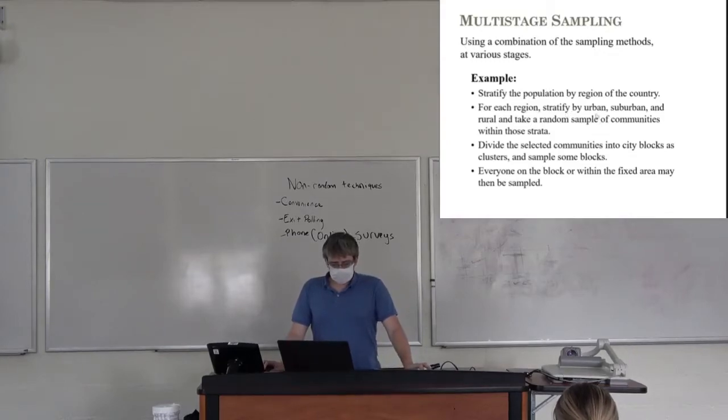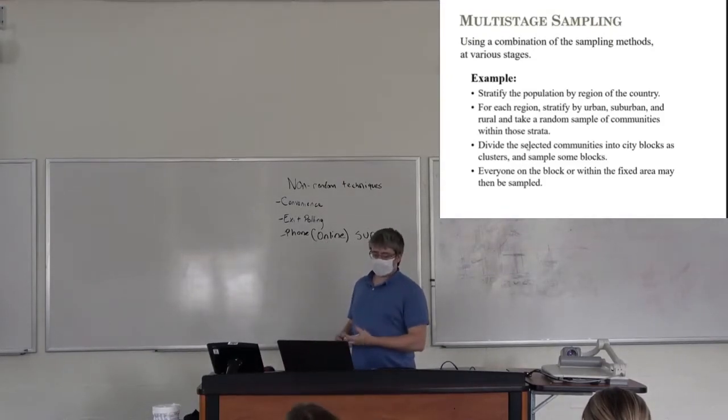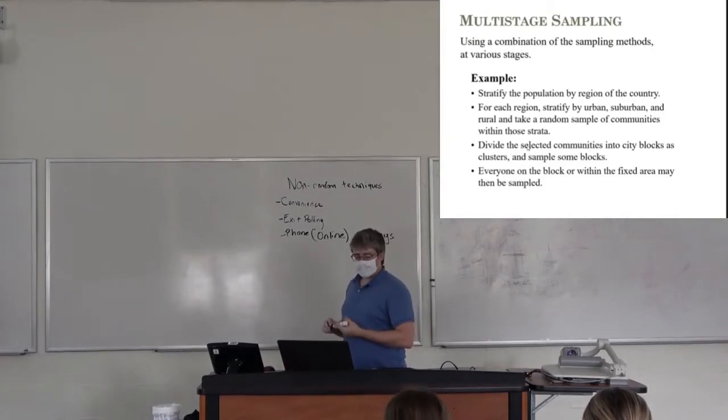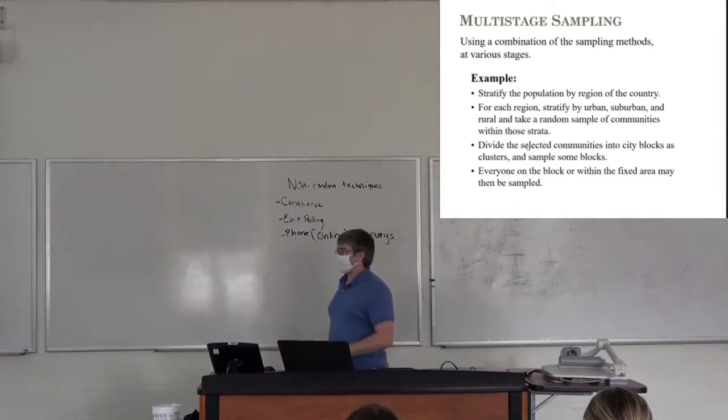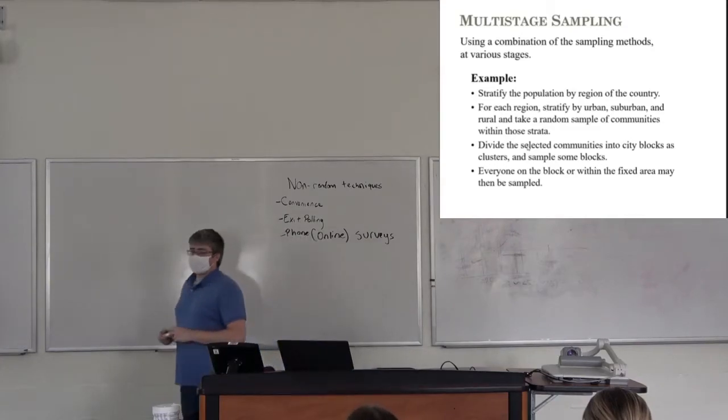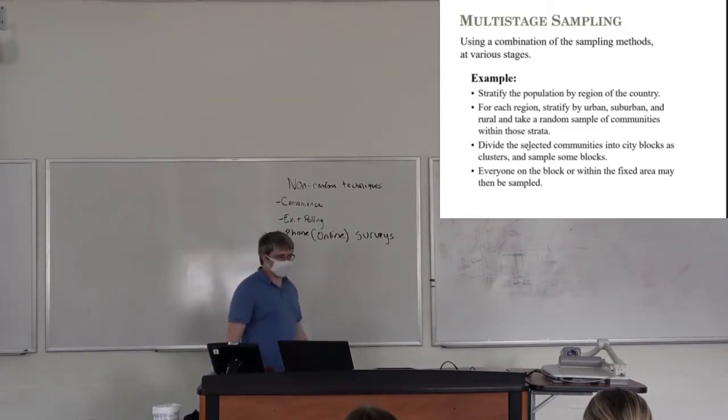Or for each region, stratify by urban, suburban, and rural, and take random samples. Then divide into city blocks, sample some blocks, and then everyone on the same block or within the area may be sampled.